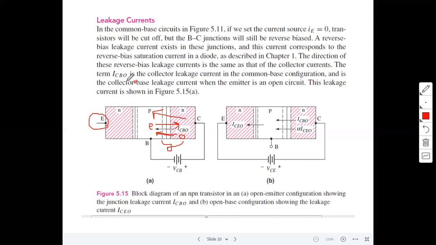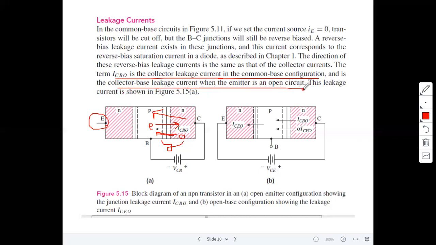What is ICBO? ICBO is the collector leakage current in common base configuration, or otherwise the collector to base leakage current when the emitter is an open circuit.